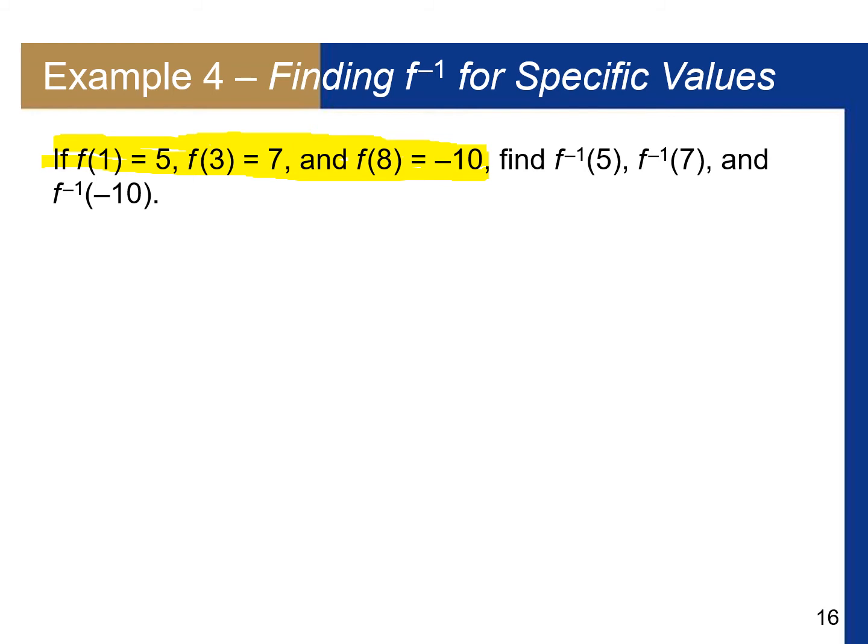I take the value 5, and I see, well, what did I originally put in to get 5? I put 1 in. So the inverse function would be 1.